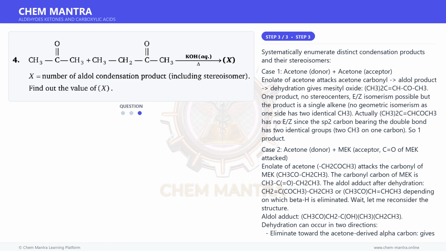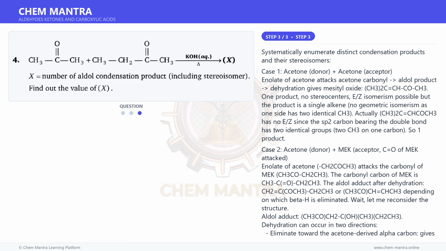Let me use the known answer of 9 to guide the count. Reapproach the standard textbook analysis for this problem. Acetone plus MEK under base counts the following distinct alpha,beta-unsaturated ketone products, including stereoisomers. 1. Self-condensation of acetone, (CH3)2C=CHCOCH3, mesityl oxide type, 1 product. 2.